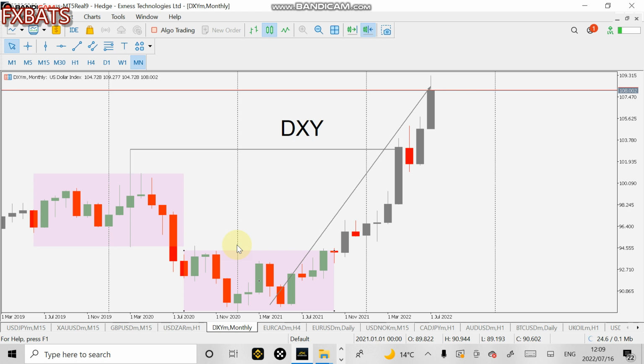So typically I use the DXY as an indicator. It's a currency index, and an index measures the performance of a particular currency. The dollar index measures the performance of the US dollar itself.